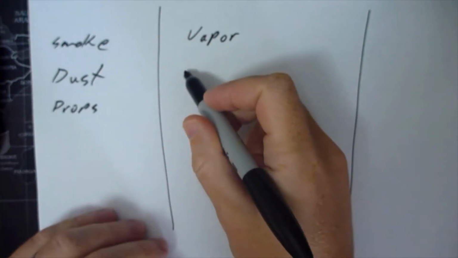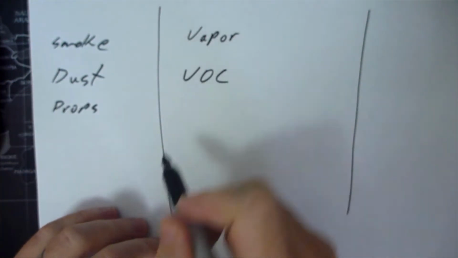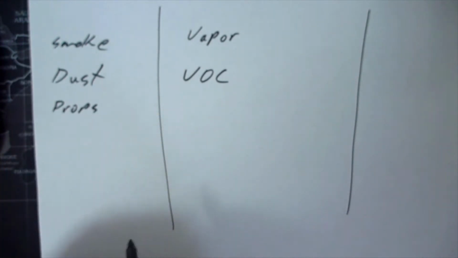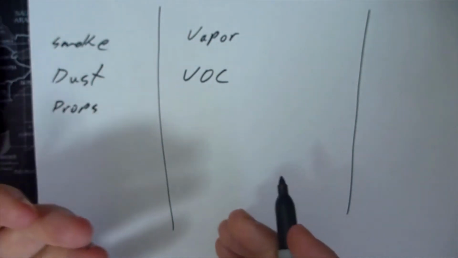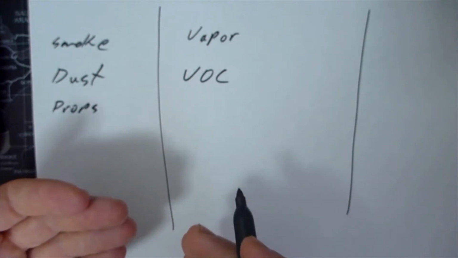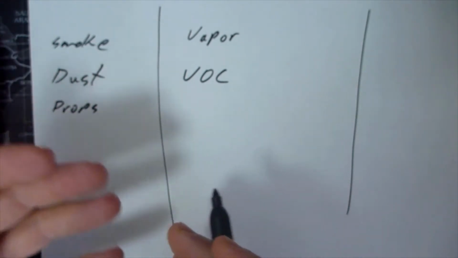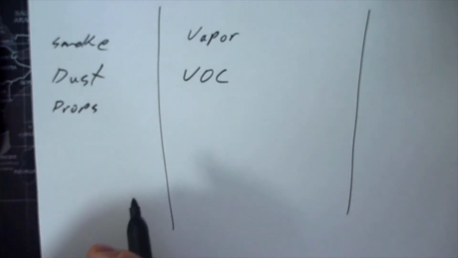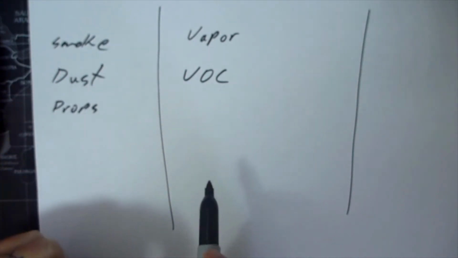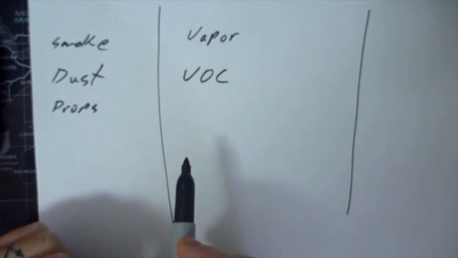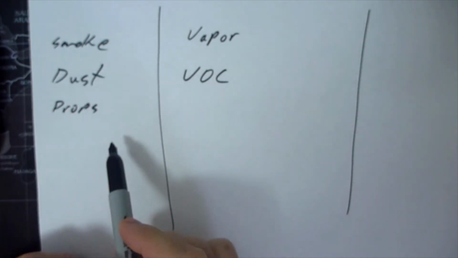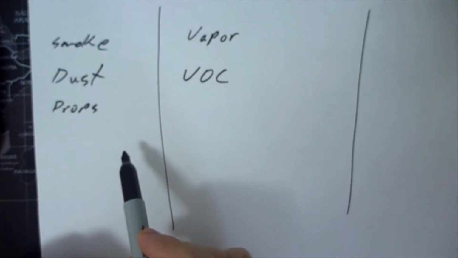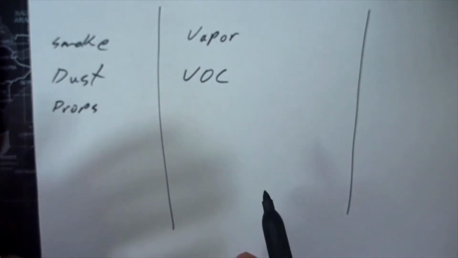You might see something called VOCs, volatile organic compounds. That's pretty much the stuff in paint that, as it evaporates away, the paint hardens, and chemicals similar to that. These need something to absorb them, depending on what you're looking at.